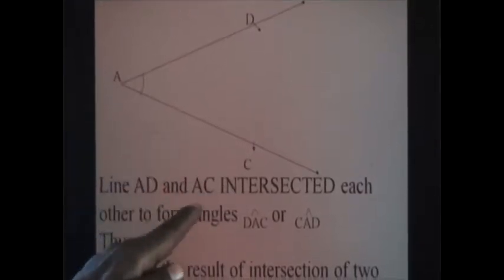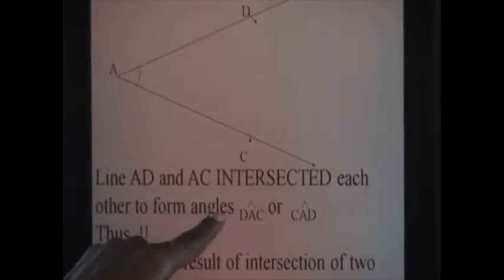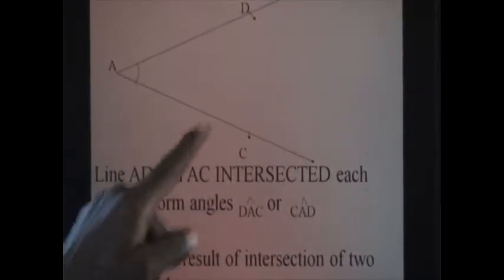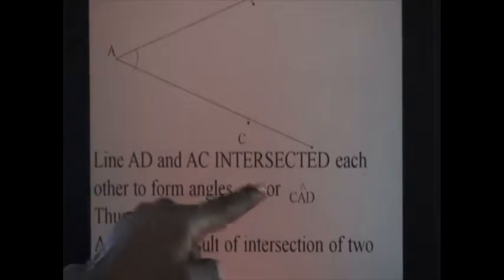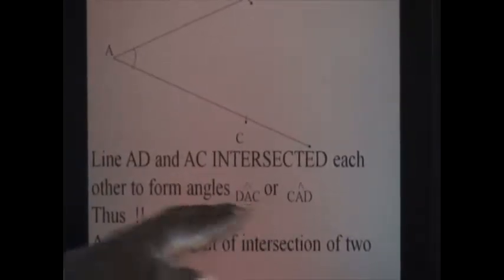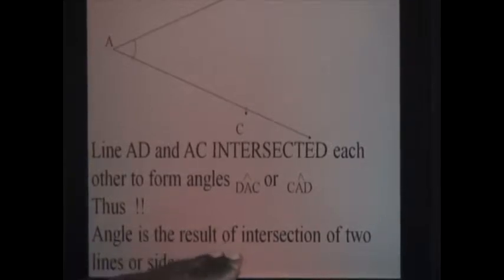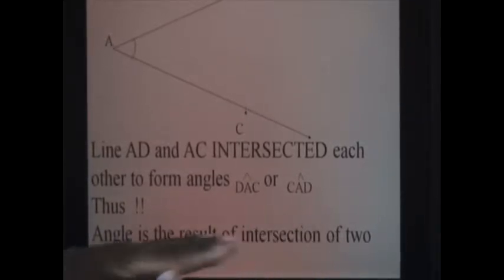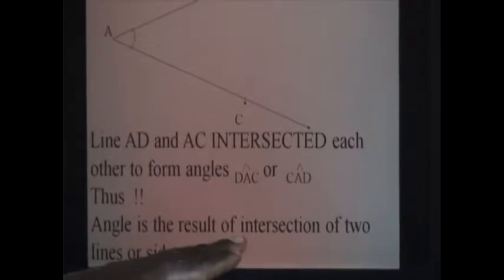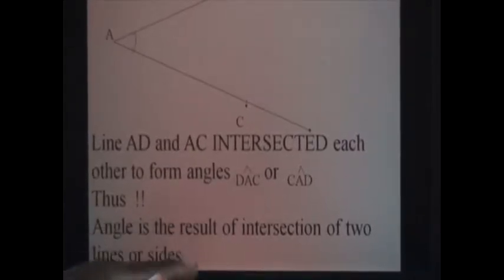Line AB and AC intersected each other to form angles. Now, we just say angle BAC or CAB. So this is what we term as an angle, and thus an angle is the result of the intersection of two lines or sides. The result of the intersection of two lines, that is called an angle.